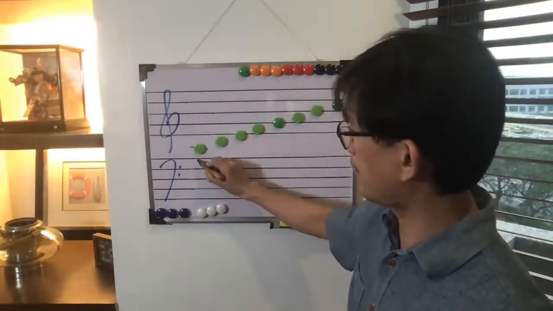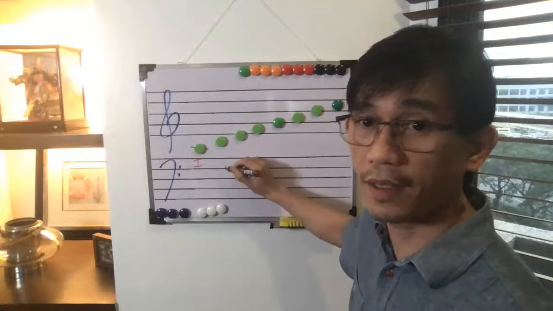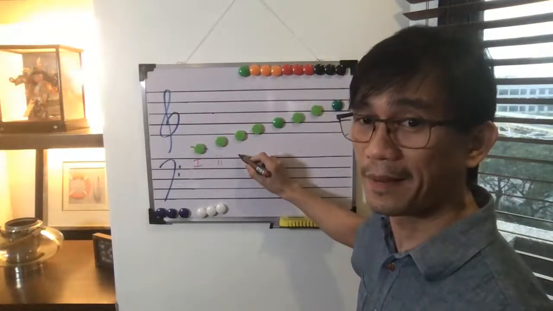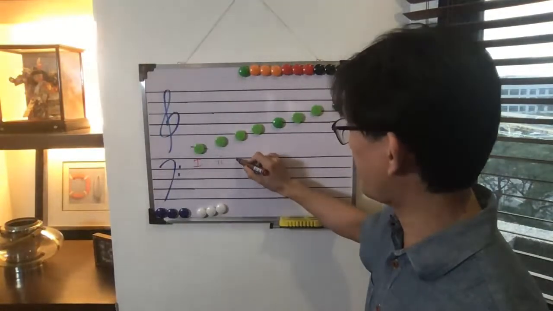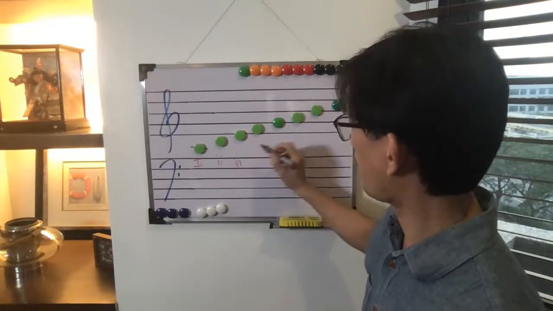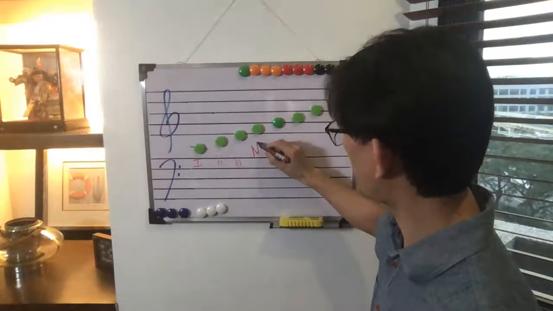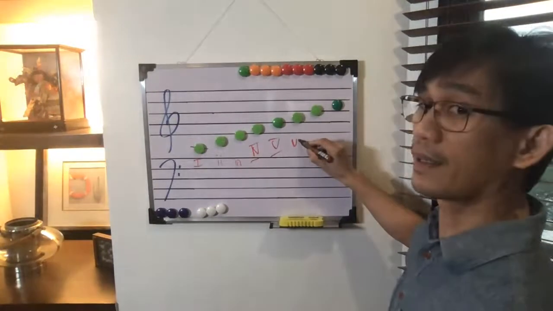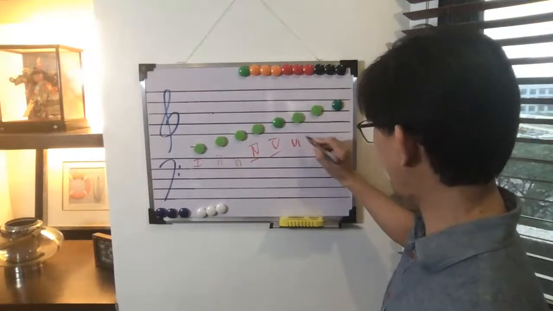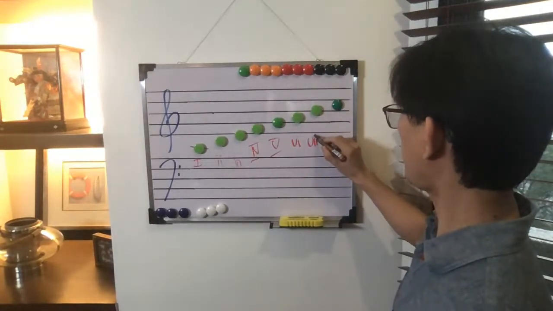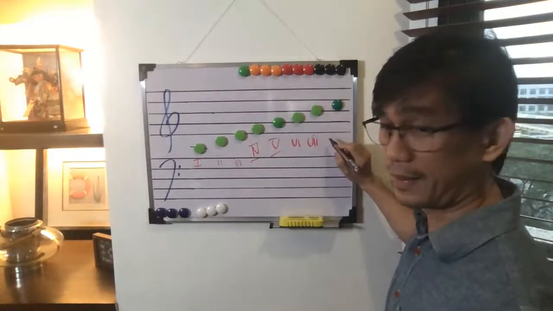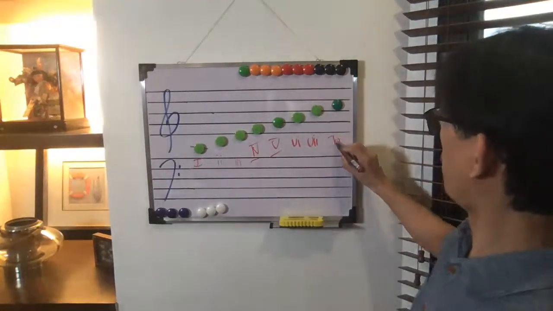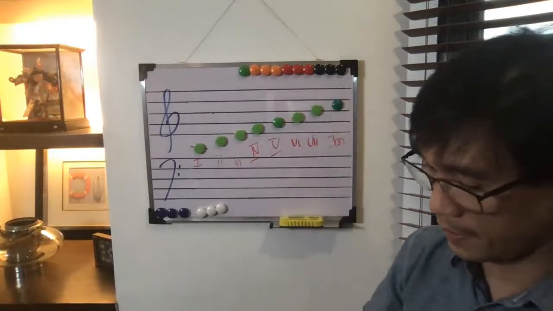This one is called tonic, and then supertonic, and then median, and then subdominant, dominant, submedian, leading tone, and of course another tonic octave.